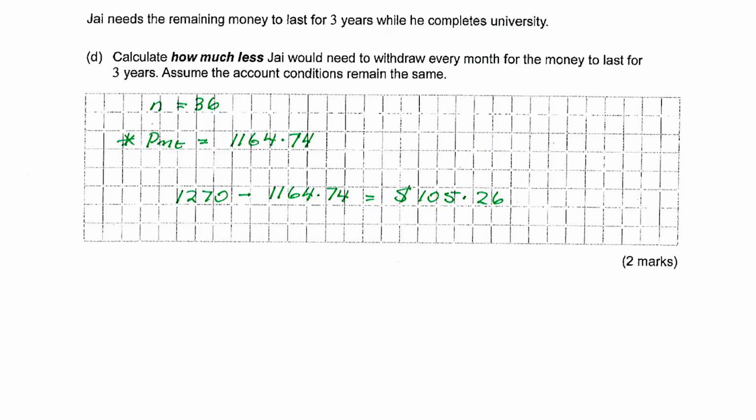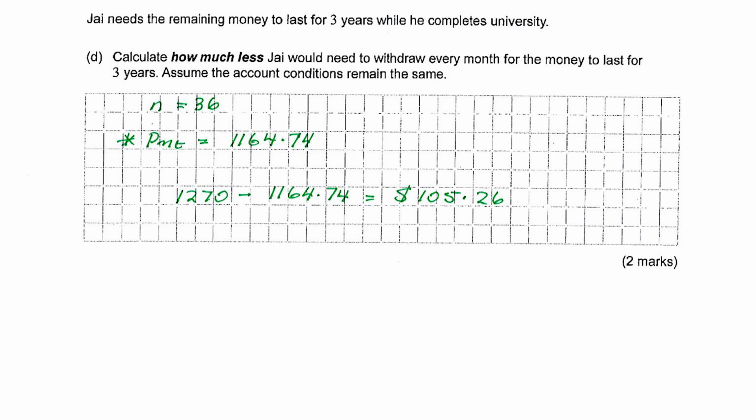Then show how much less. This one's now a bit more of a two-part situation. Calculating the new PMT value, follow through. Again, this is the part where markers end up sitting on their calculators for a fair bit of time just checking. And the part that's maybe forgotten or not considered is the how much less.